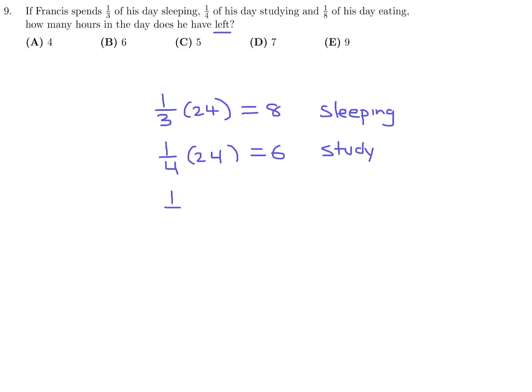And then finally 1/8 of 24, which is 3, is spent eating. So total 8 plus 6 plus 3 is 17. So of the 24 hours in a day, 17 hours are used up, and now what's remaining is 7 hours. So number 9, the answer is D.